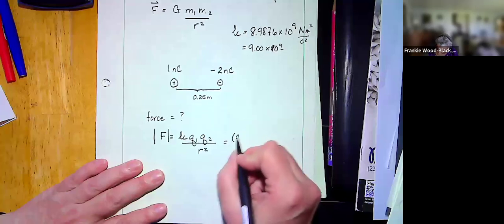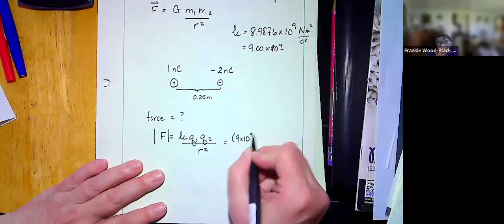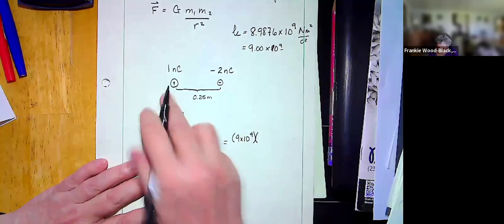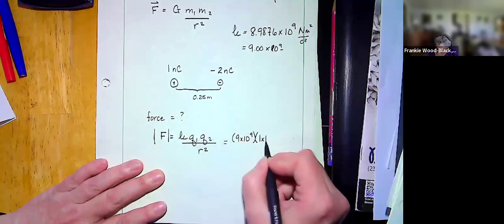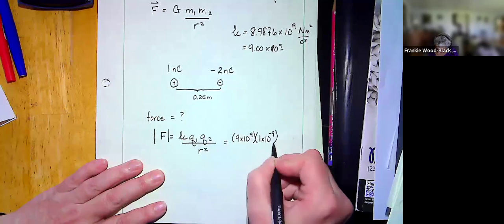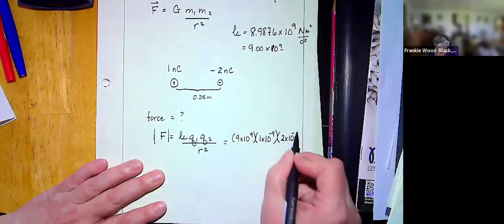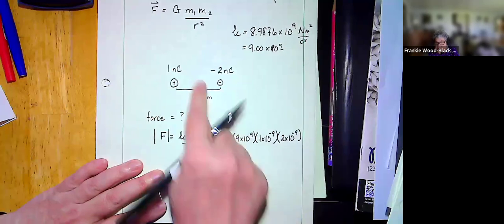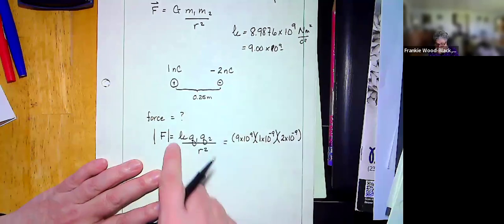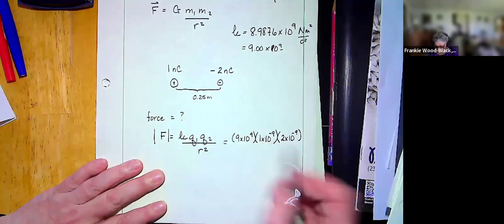So I'm going to put my 9 times 10 to the 9th. I'm going to have my nanocoulomb here. That's 1 times 10 to the minus 9. This is 2 times 10 to the minus 9. Now you'll notice I haven't put a negative because I'm just doing the magnitude.